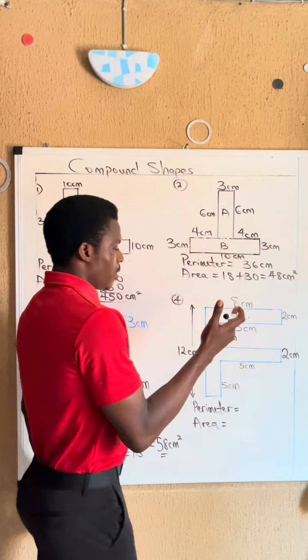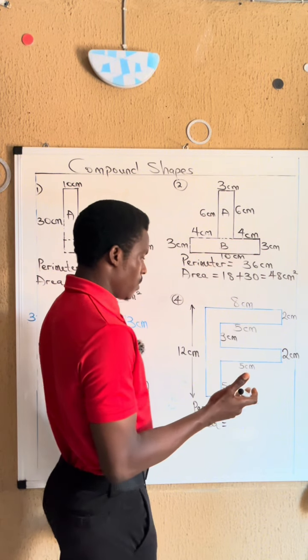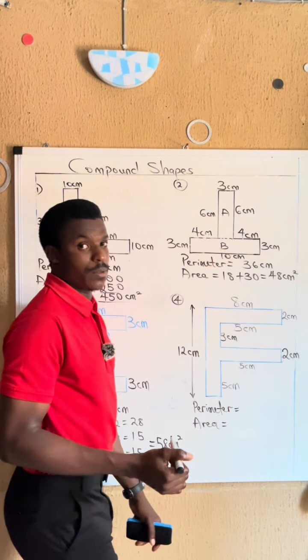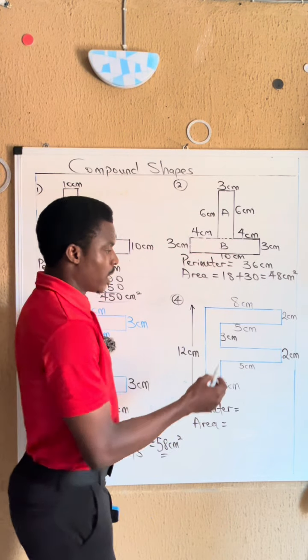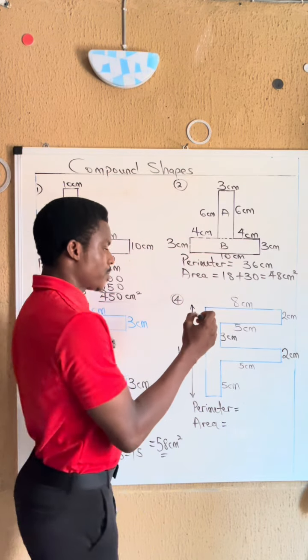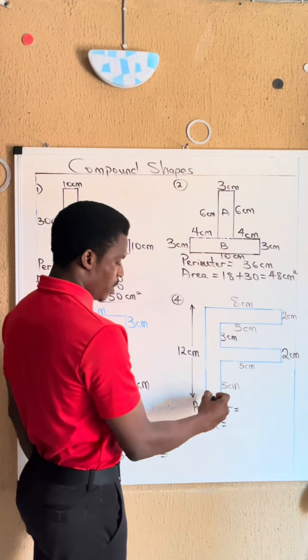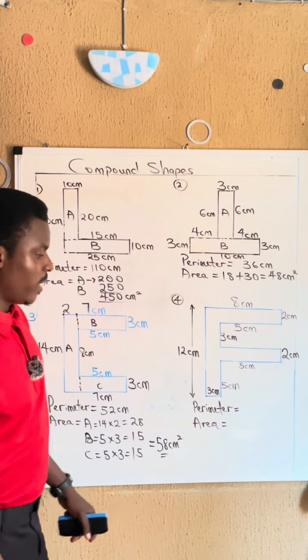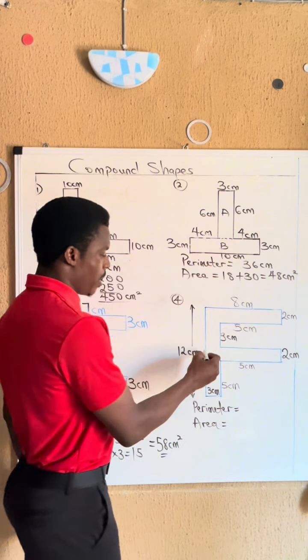And then the horizontal, the whole of this is 8, and that is the longest horizontal. And when you subtract 5 from 8, it gives you 3. And so this point here is 3 centimeters. So let us find the perimeter now.